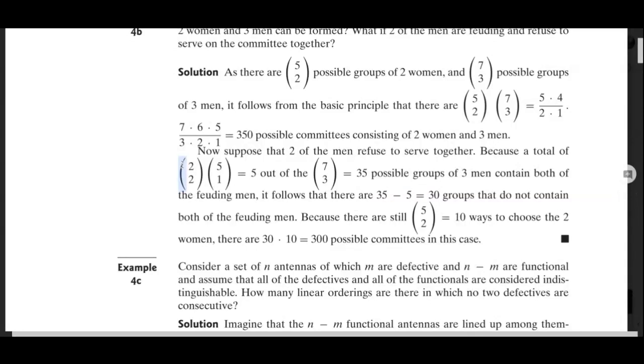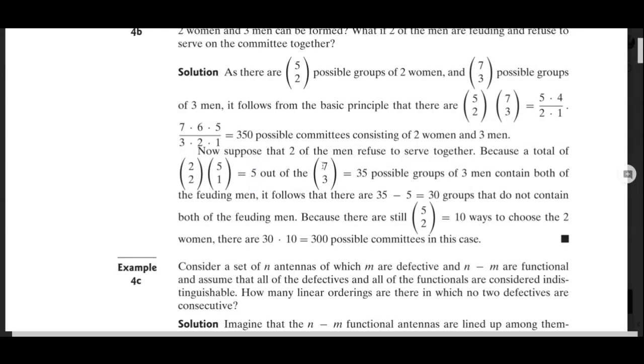Okay. So this one is calculating how many ways there are if those 2 men serve together. So out of these 2 men, choose 2. So choose both of them to serve together. Then how many left? There are 5 left. And because in total we choose 3, from the rest of the 5 we only have to choose 1. So there are 5 ways of doing this.